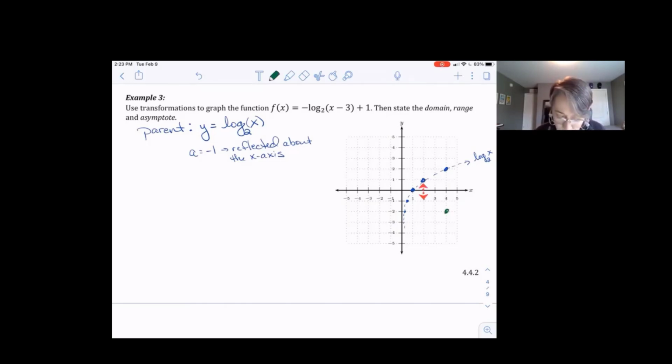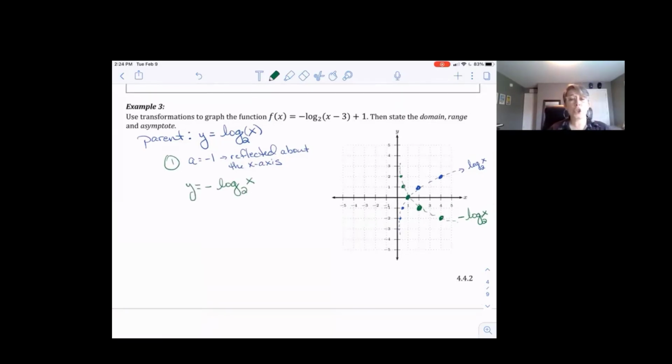The point (2, 1) will go down to (2, -1). (1, 0) will stay at (1, 0). (1/2, -1) will move up to a positive 1, and the point at -2 will move up to a positive 2. So that is just the reflection. In other words, the negative log base 2 of x. We'll even write that underneath here. Here was step 1, negative log base 2 of x.